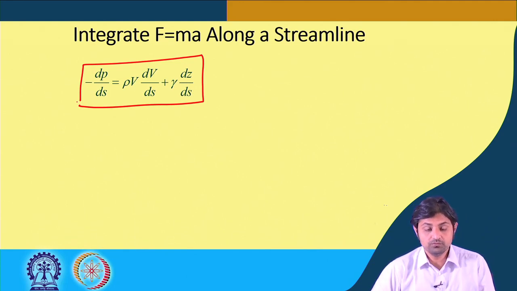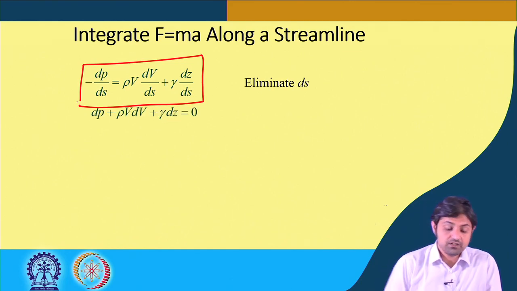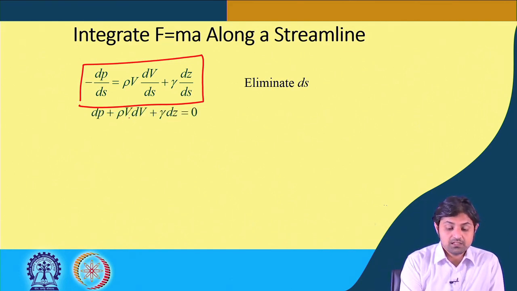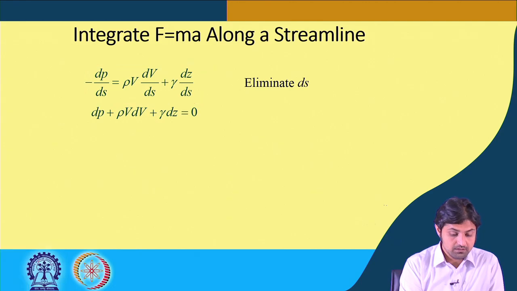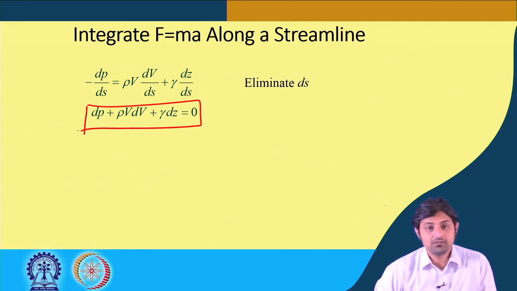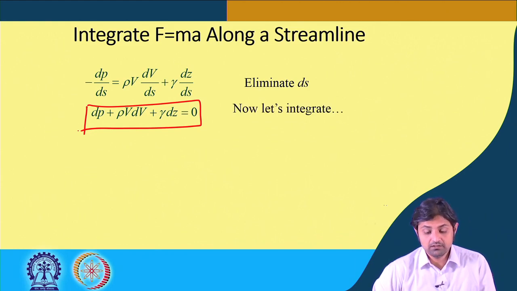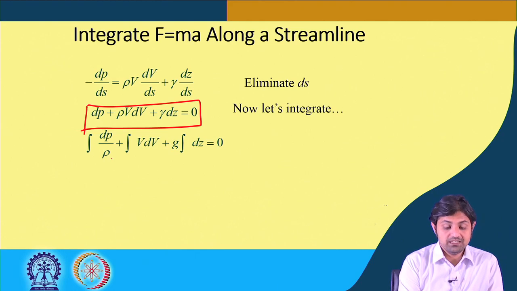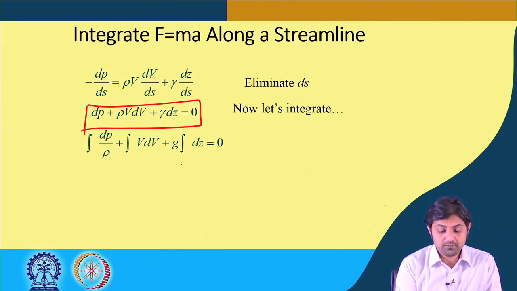So we integrate it. First eliminate ds because it's common. So we can write dp plus rho V dV plus gamma dz is equal to 0. We divide by rho, so that gamma becomes g.